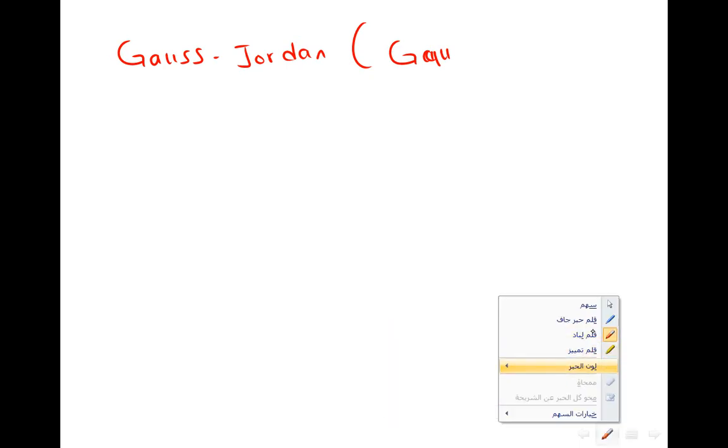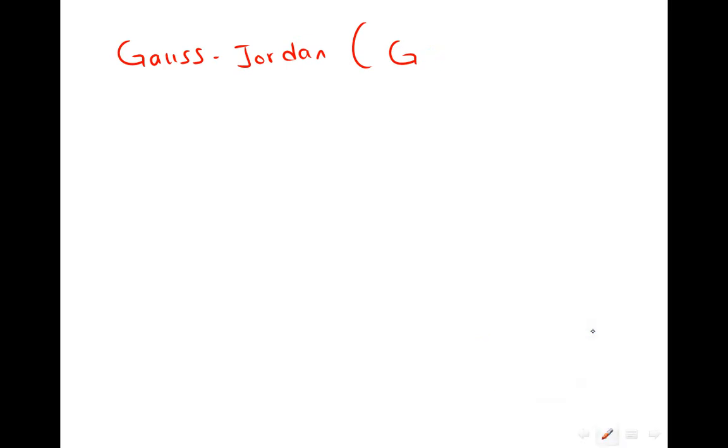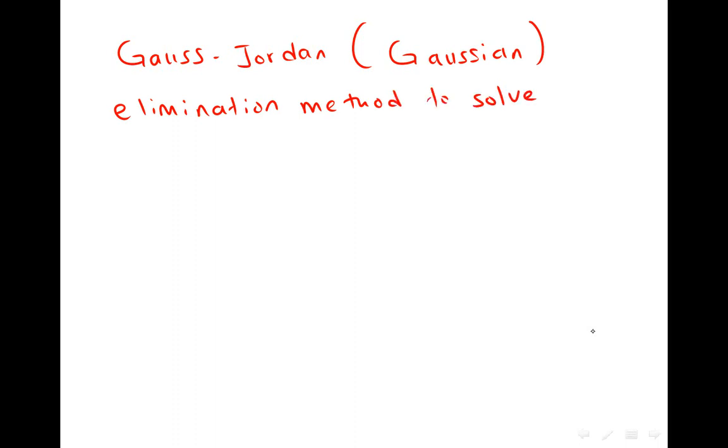Let me write for you the title. Okay, so the title is Gauss-Jordan or Gaussian elimination method to solve simultaneous linear equations.